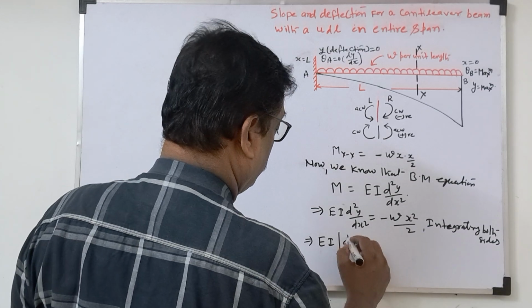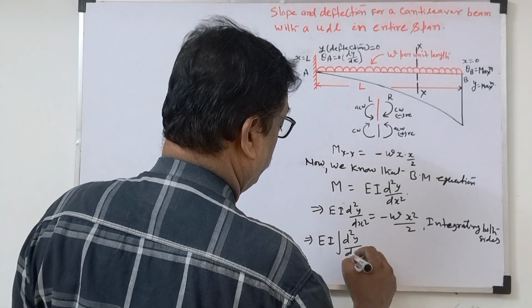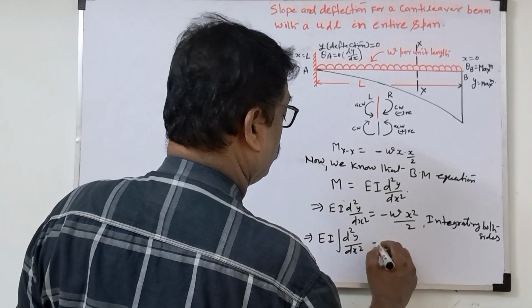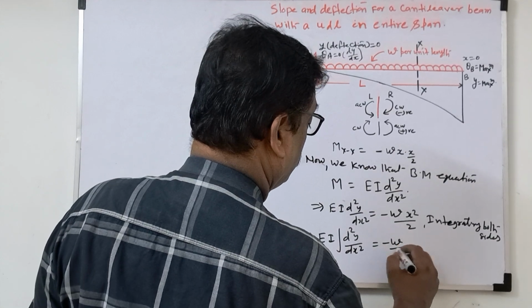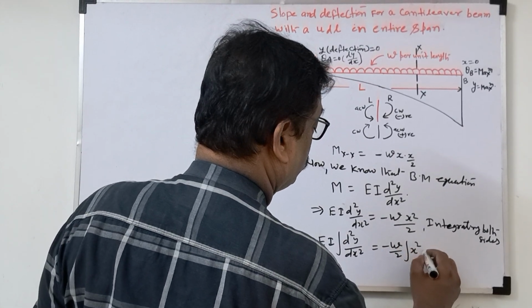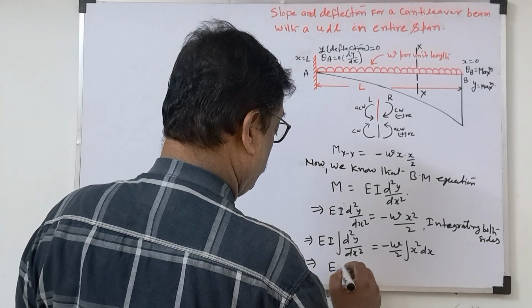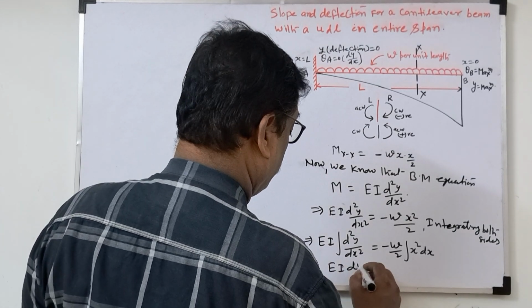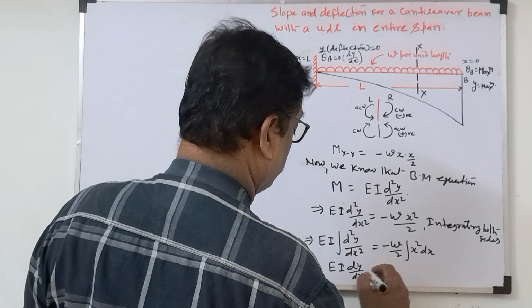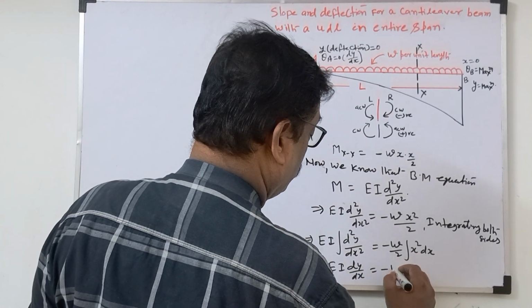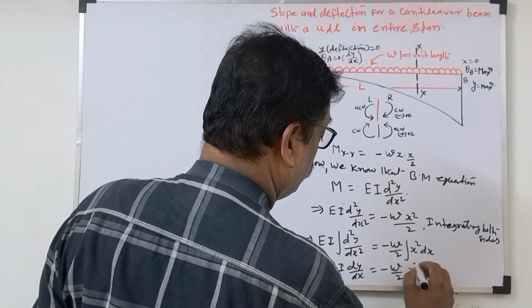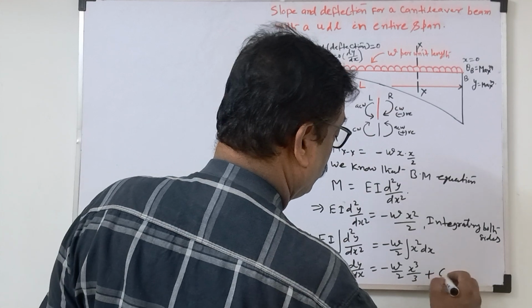EI d square y by dx square equal to minus w by 2, taking it outside, integral of x square dx. So the integration gives EI dy by dx equal to minus W by 2 into x cube by 3, plus some constant c1.